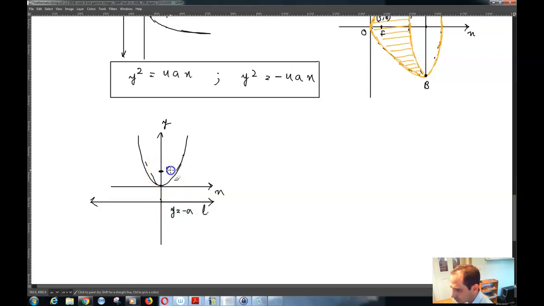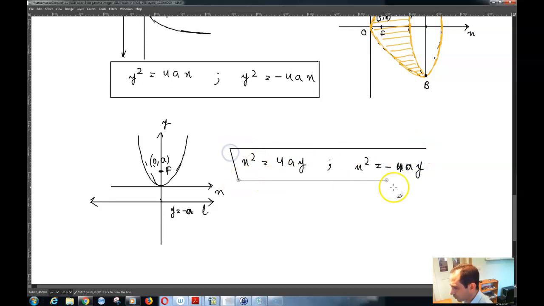This point over here is F, which would be (0, a), and the equation of this parabola in this orientation would be x squared is equal to 4ay. If it opens the other way around, towards the bottom of the coordinate system, your equation becomes x squared is equal to negative 4ay. So these are the four different types of equations that we derived.